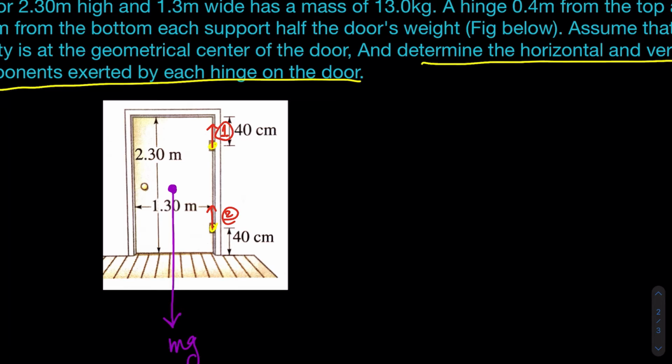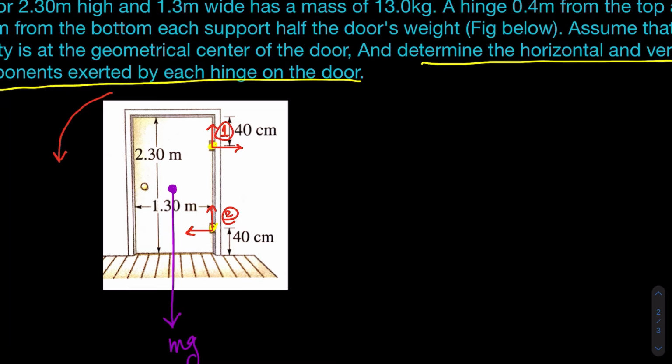very easy, because suppose we remove hinge number 2, then the door tends to rotate around this direction. To keep the balance, hinge number 1 must exert a force towards this direction, and hinge number 2 must push the door outward towards this direction.